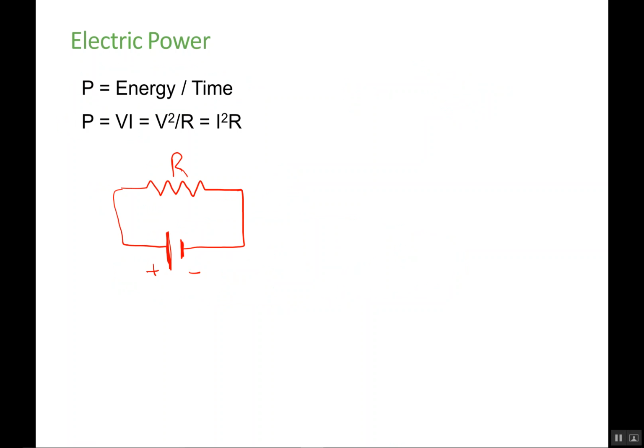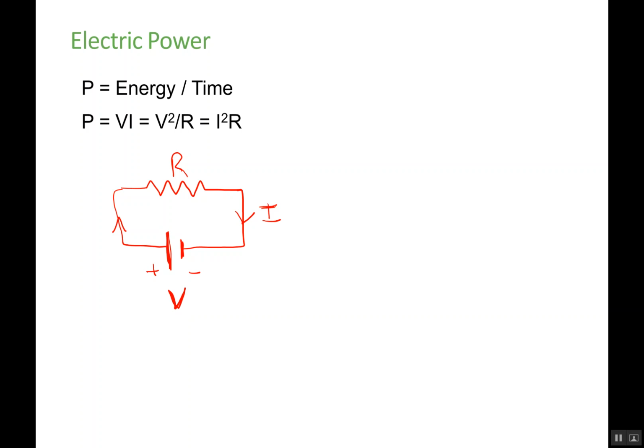Consider this simple circuit consisting of a voltage supply, a battery or some other voltage supply, which, when connected to a resistor, generates a current that flows through the resistor. How much voltage is available to this resistor to utilize?